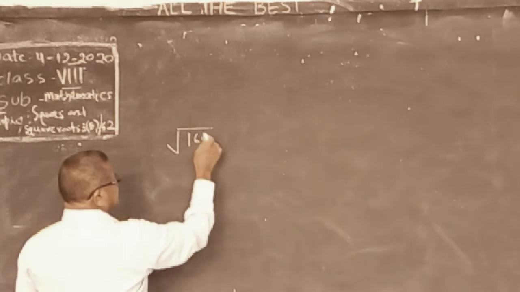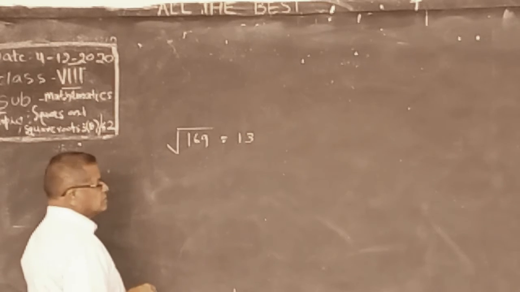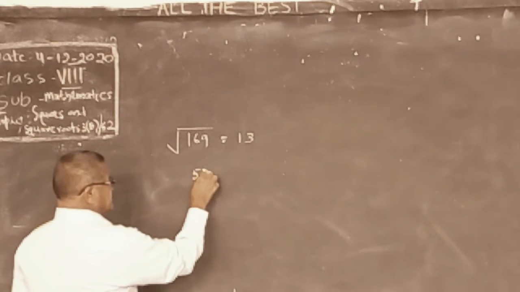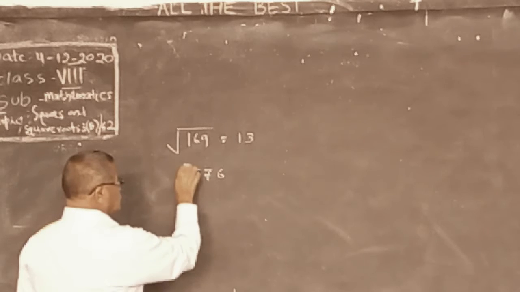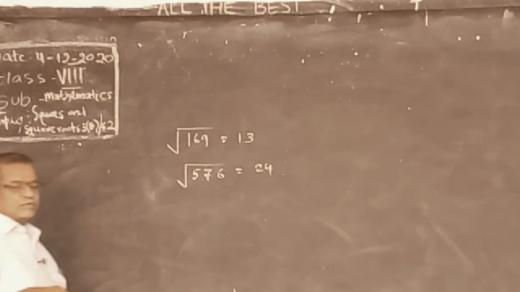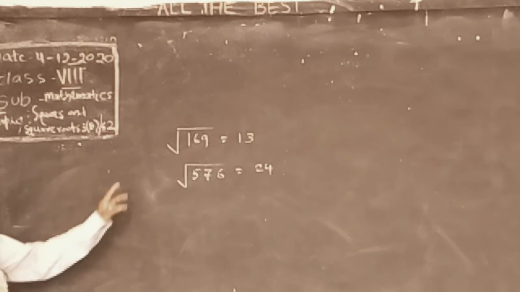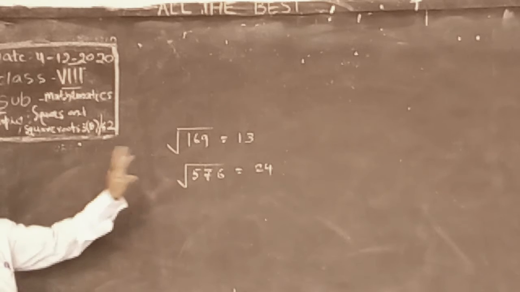Square roots of 3-digit numbers always have 2 digits.